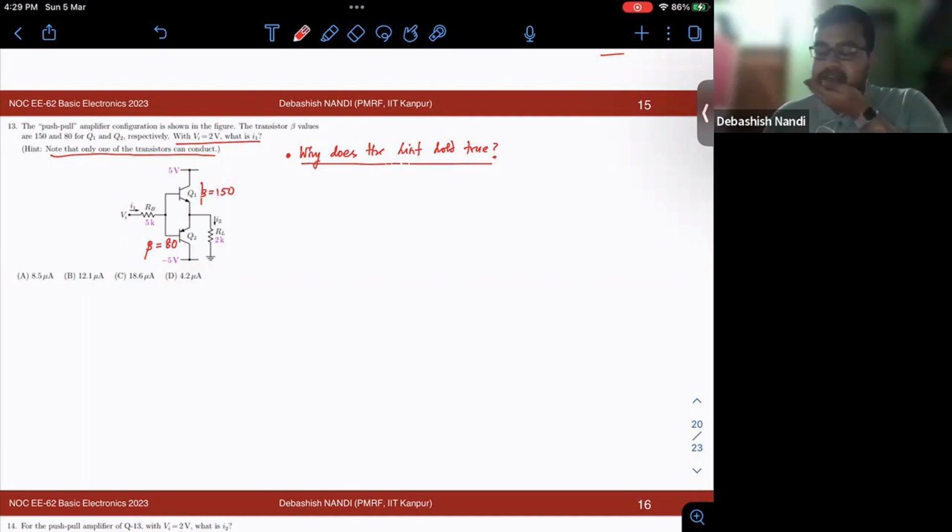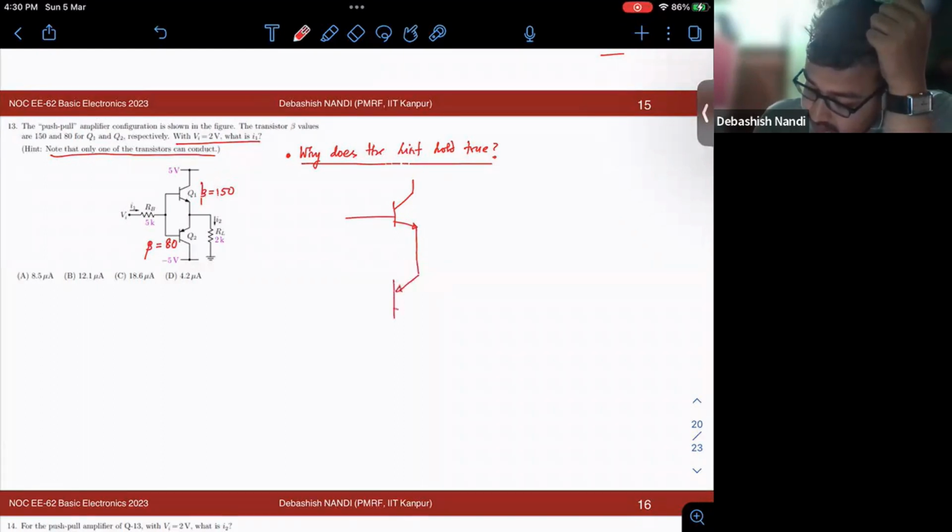Okay, let me explain this. How the hint is holding true here, right? You have an NPN transistor, then our PNP transistor, minus 5 volt. This is 5 volt.